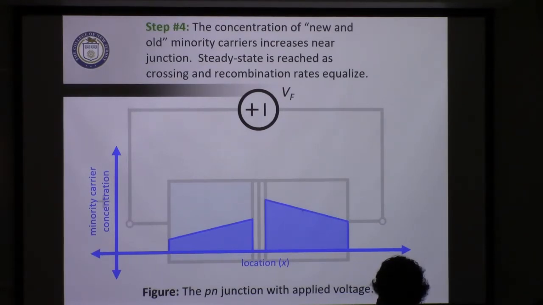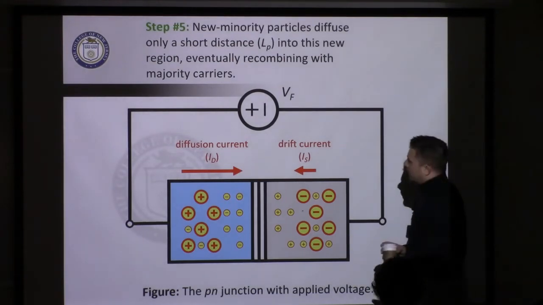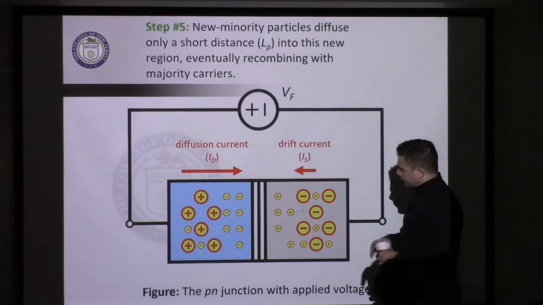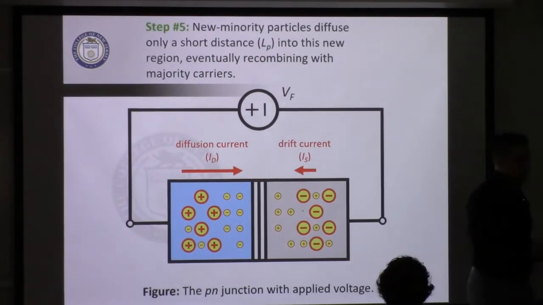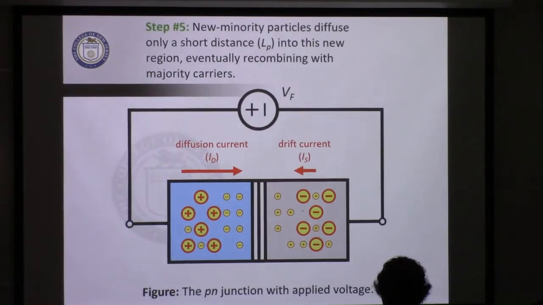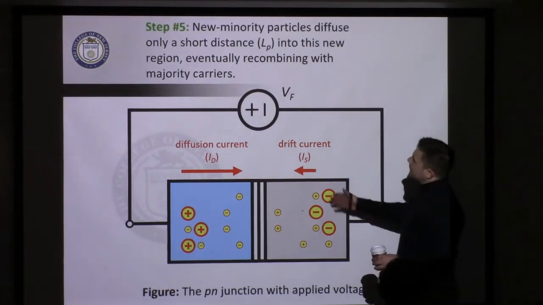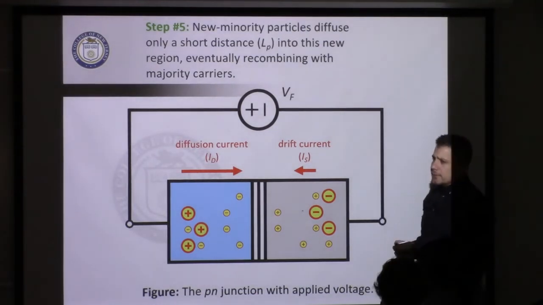Okay, so where are we in this process? We have talked about applying a voltage, the majority charge carriers cross over and become new minority charge carriers. And now we're going to see that these buildups will diffuse out. Eventually, they will recombine. The distance that they travel is defined by this constant we call LP.